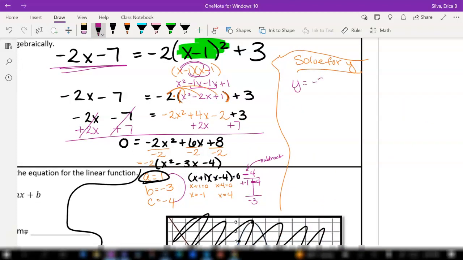So y is equal to negative 2x minus 7. And instead of x, we're going to plug in negative 1 first. So negative 2 times negative 1 minus 7. And that gives us negative 5. So when my x is negative 1, my y is negative 5.